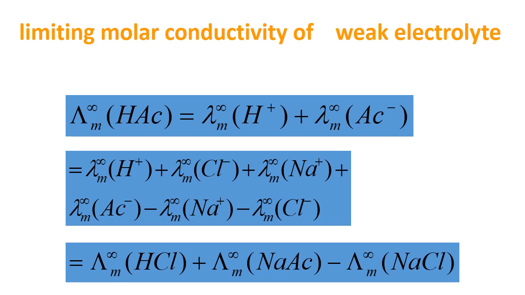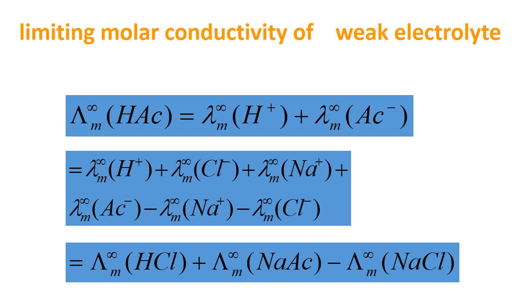See here: lambda m infinite H plus, lambda m infinite Cl minus, plus lambda m infinite Na plus, lambda m infinite Ac minus, that is acetate ion, minus lambda m infinite of Na plus, minus lambda m infinite of Cl minus. So we have done nothing. We have added Na plus and Cl minus and we have subtracted Na plus and Cl minus. But from this we can identify the 3 strong electrolytes. This is the deductive method, right?